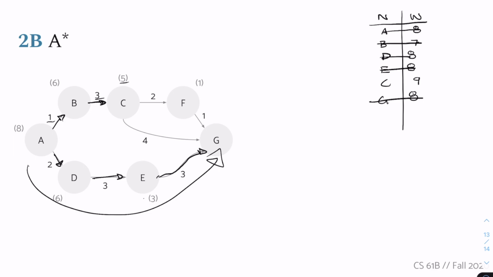A heuristic is supposed to be optimistic. Like I said, in the map example, when you're looking at a map and you're just measuring out distances, that is the best possible case. That is the case where you are driving in a straight line with no obstacles the whole way through. And so if you look right here, for instance, we have a heuristic that says there's a distance of 5 left, but 2 plus 1 is only 3.